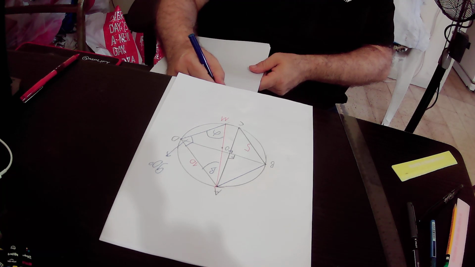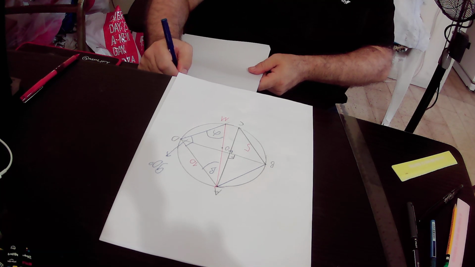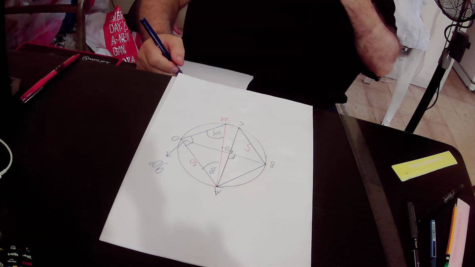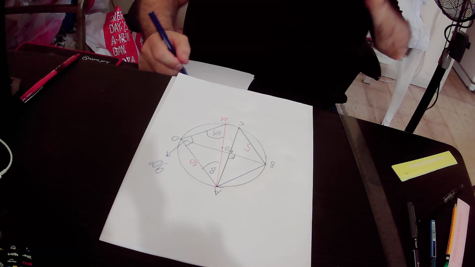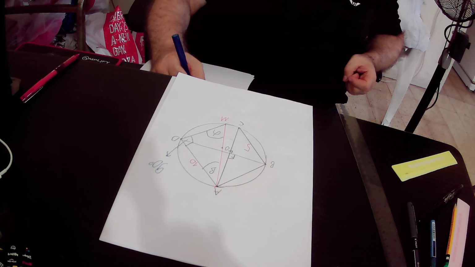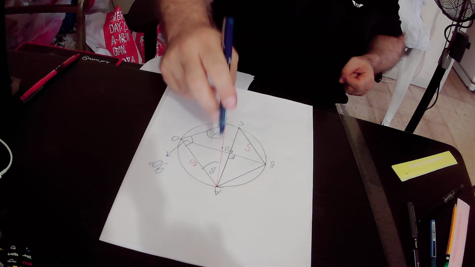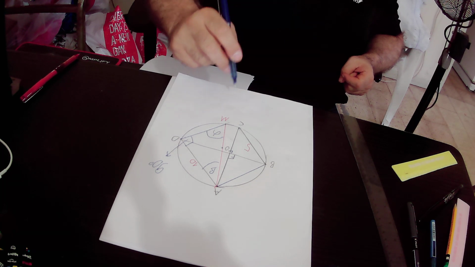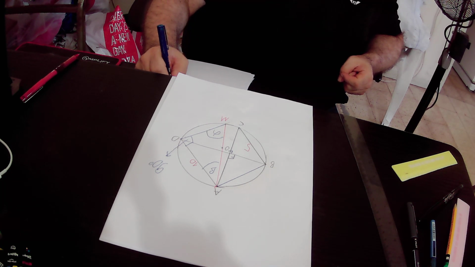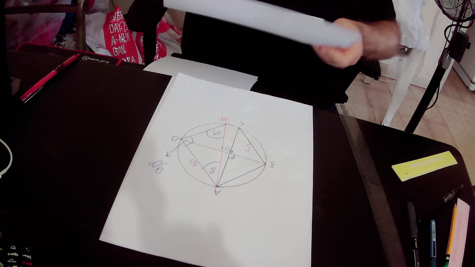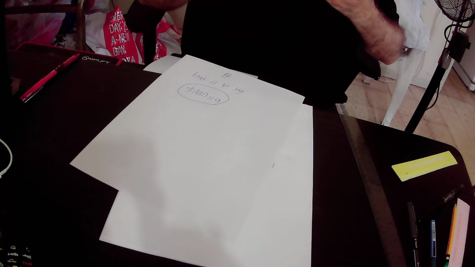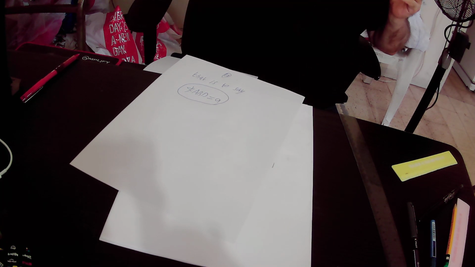That is to say, angle ABD that rests on the same chord as angle alpha equals angle alpha according to rule number 2.